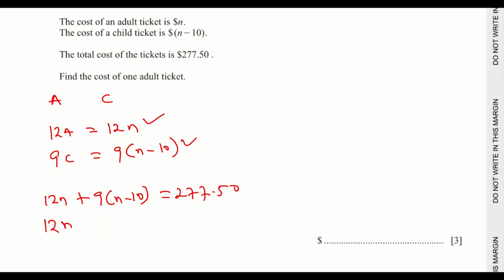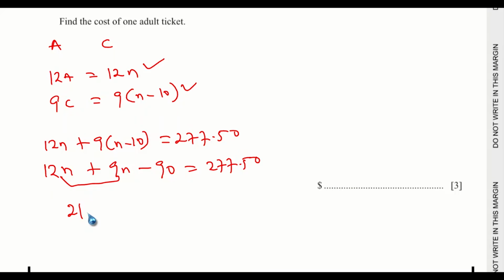Let's expand this bracket. We have 12n plus 9n minus 90 equals 277.50. If you add these two together, you get 21n. Then take the 90 to the other side: 277.50 plus 90. You just collect like terms.